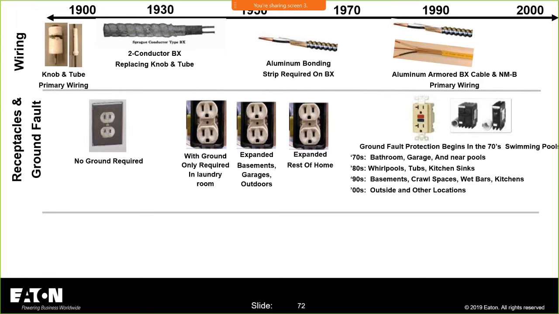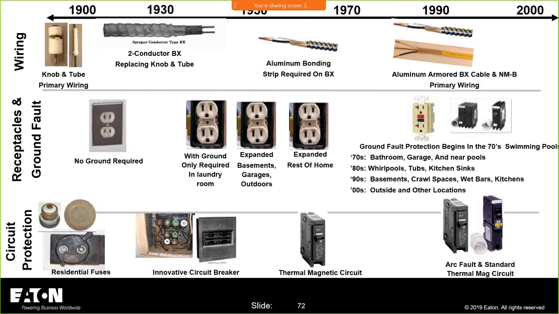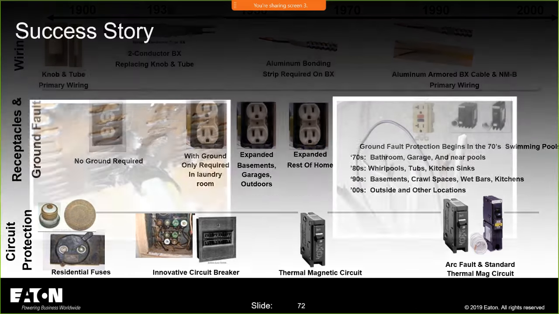They started in the laundry room, and then they went to basements, garages, and outdoors, and then they expanded to the rest of the home. So that simple equipment grounding conductor saw an expansion in the NEC, and now here we are at AFCIs and GFCIs, and the technology progressed through history to include a brain inside of a receptacle even.